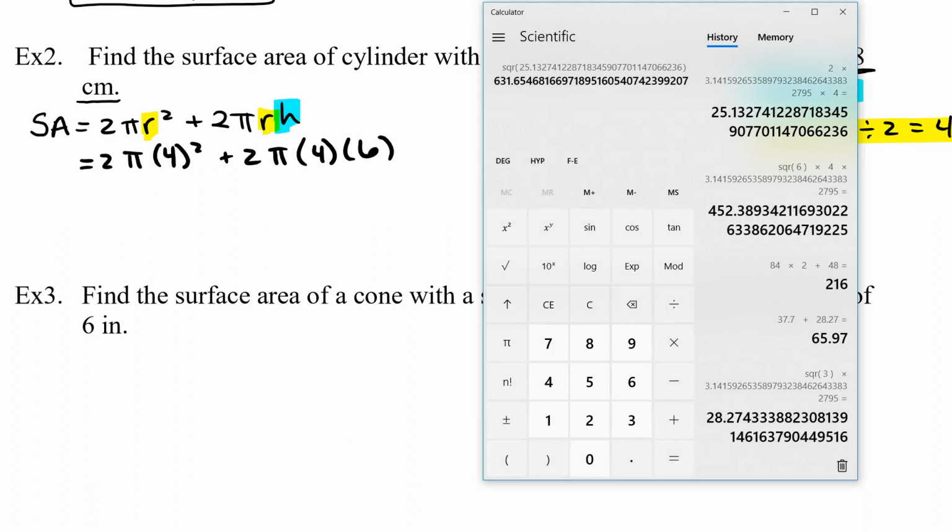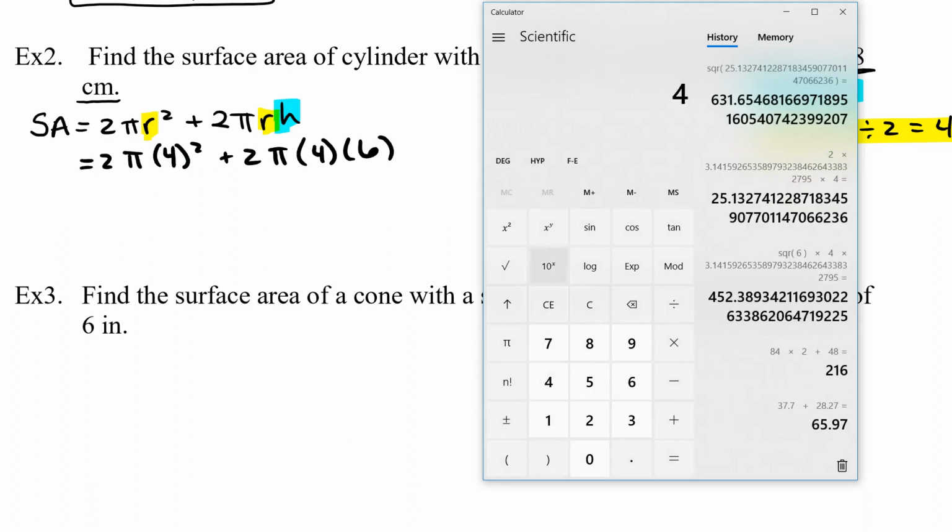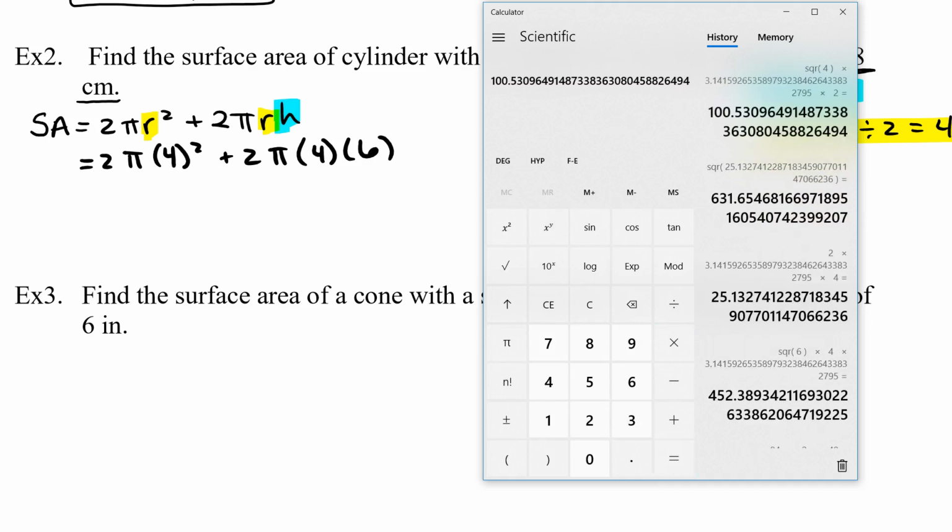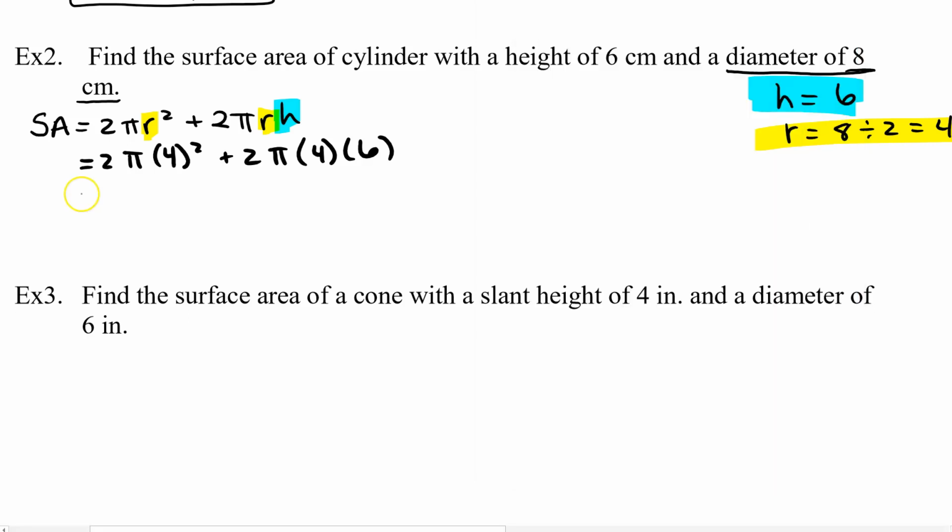So just to be safe, what I'll do is I'll say 4 squared times pi times 2. I get 100.53. I'm going to say plus.